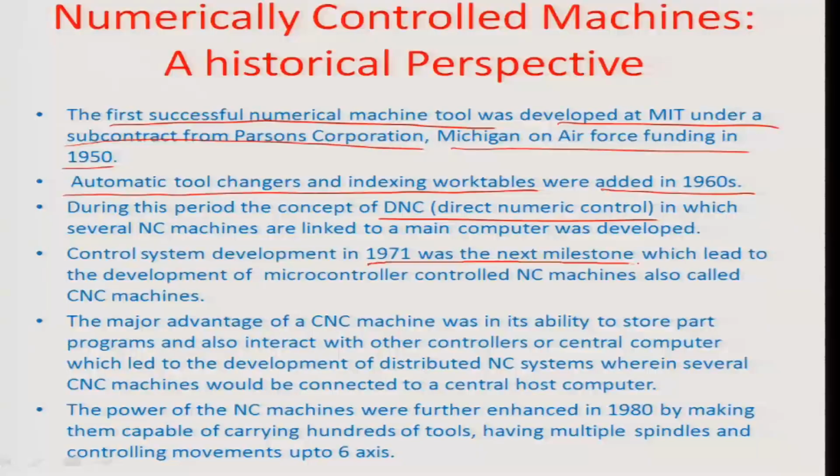The control system development in 1971 was the next milestone, which led to the development of the microcontroller controlled NC, so called CNC, replacing the localized or globalized control by the direct numerical controlling system or software, so that you can now have control at the local level of the machine without the global monitoring or global computing being required anymore.